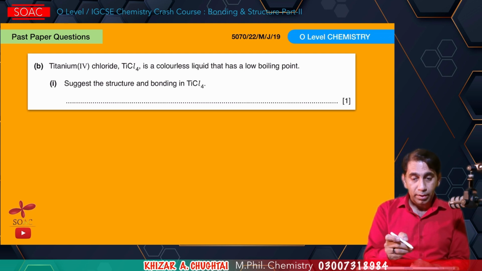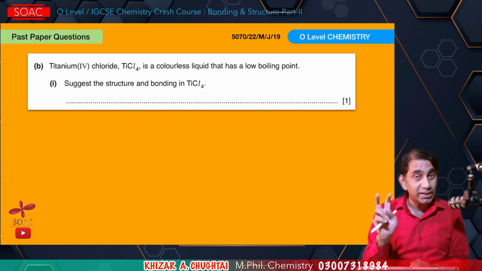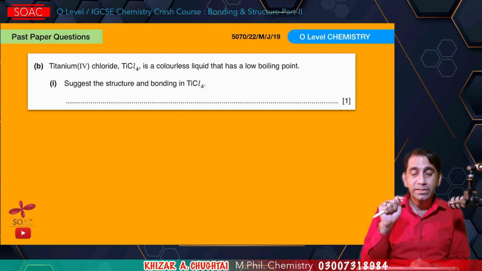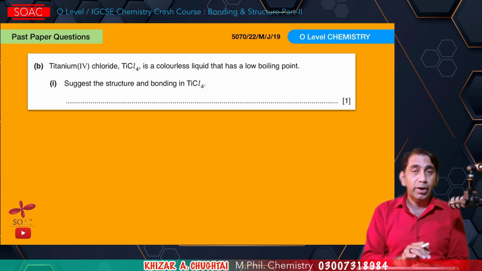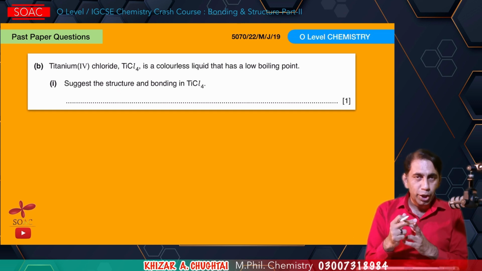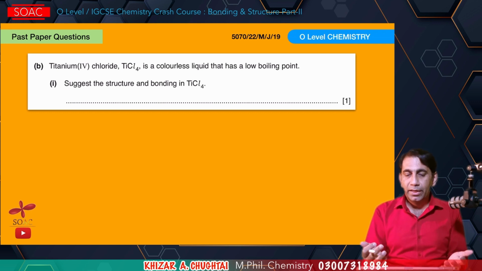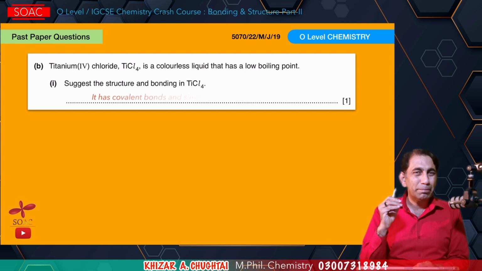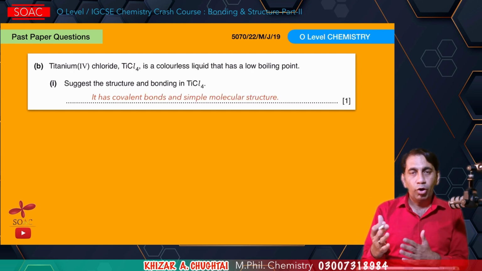Next one. Titanium(IV) chloride is a colorless liquid that has a low boiling point. Number one, colorless liquid. Titanium is a metal, even though its compound is a liquid with a low boiling point. These are the two indications about its nature of bonding and structure. Suggest structure and bonding. Obviously, if it is liquid at room temperature and has a low boiling point, it means that it has a simple molecular structure in spite of containing a metal and a non-metal.